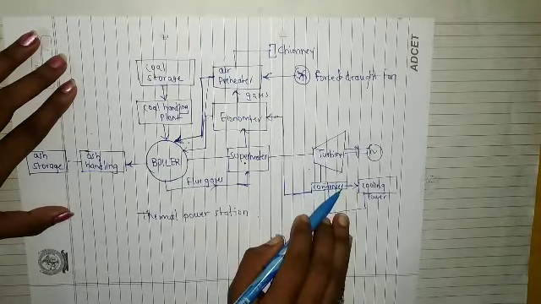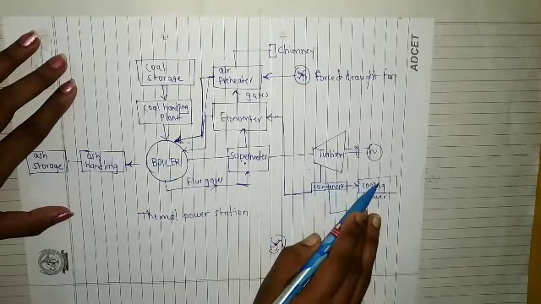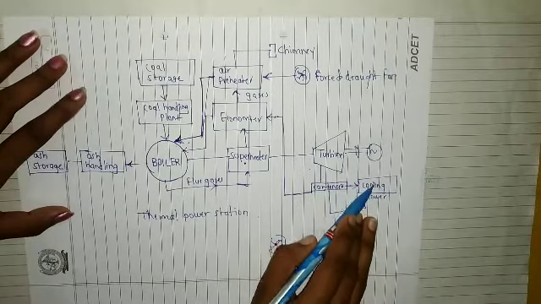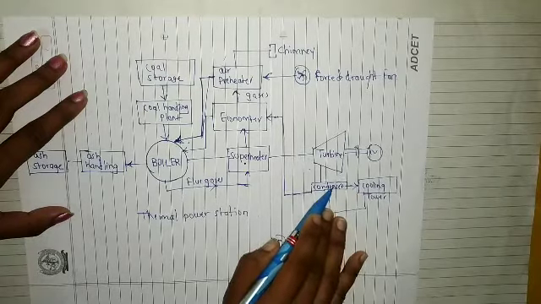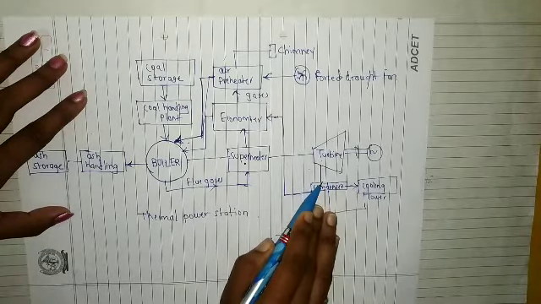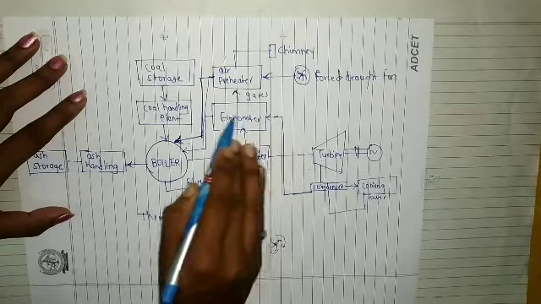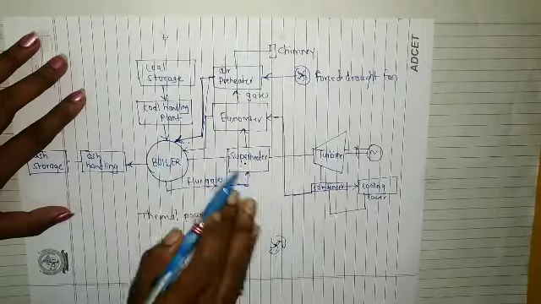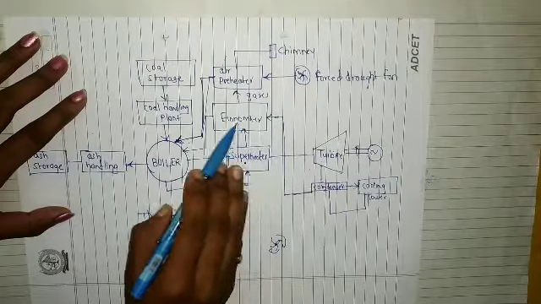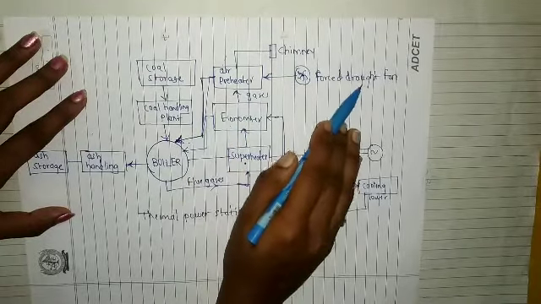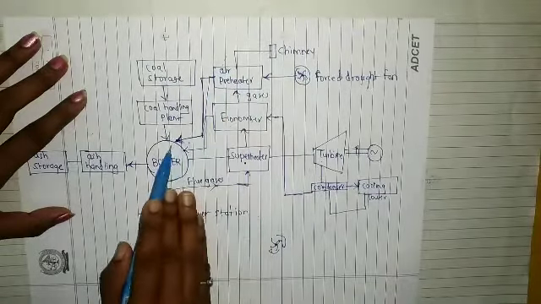In the condenser, the water will get hot, so we give this water to the cooling tower, and this cooling tower will cool the water in the condenser, right? Due to this, the steam that we have converted into water will also get cooled, and then it will be sent back to the boiler, right? Now we'll see why we have given water through this block, and why we have given the environmental air from this block to the boiler.